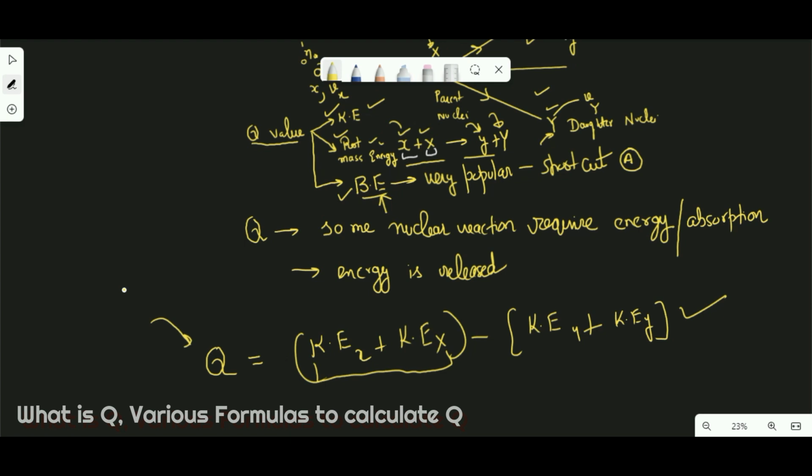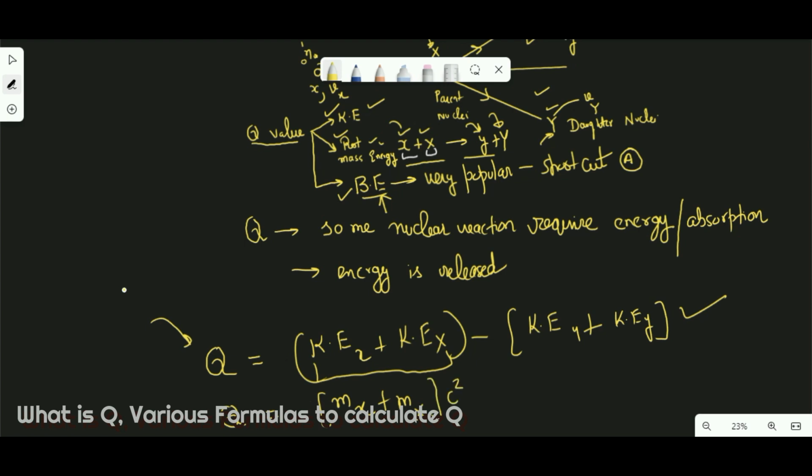So kinetic energy is one format. The second format, which is used generally, is you calculate the rest mass energy of the left hand side, the mass of the parent nucleus capital X, times c square.